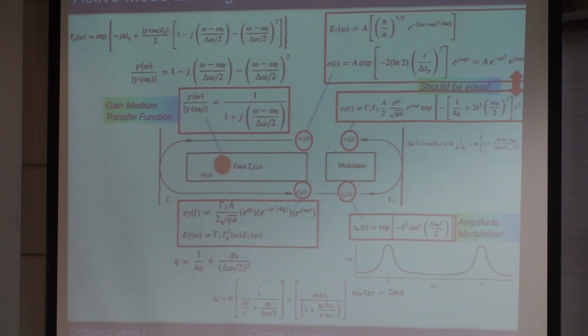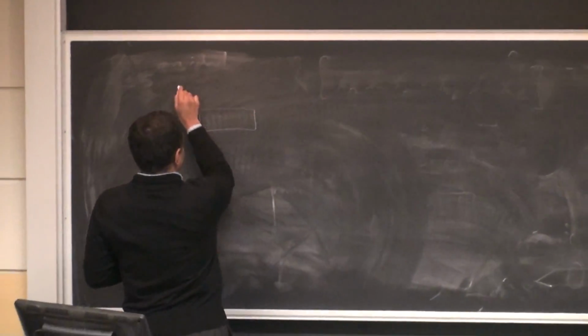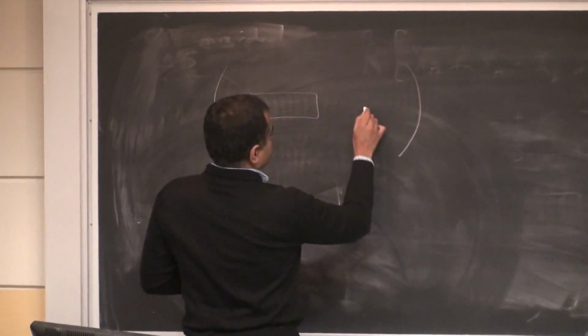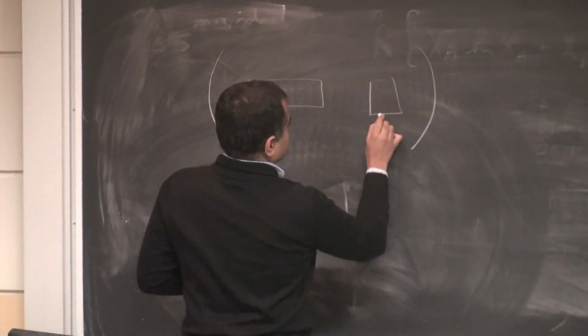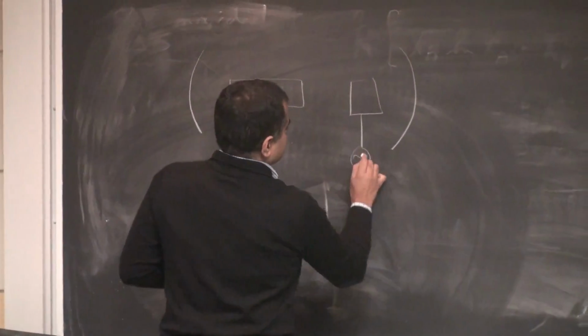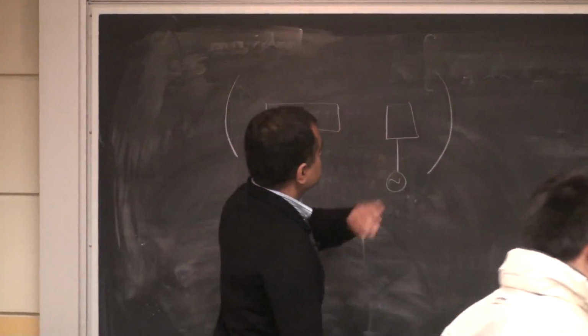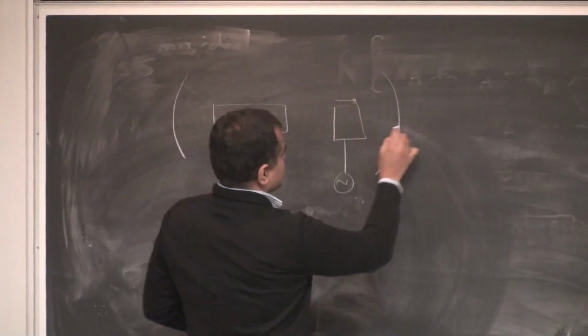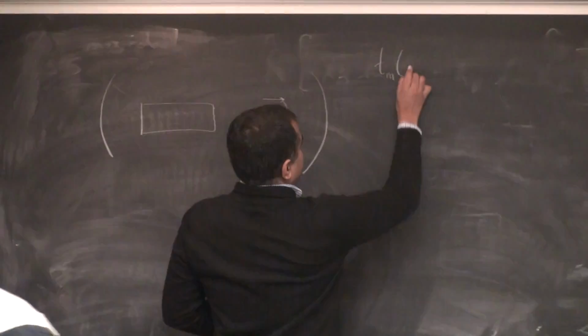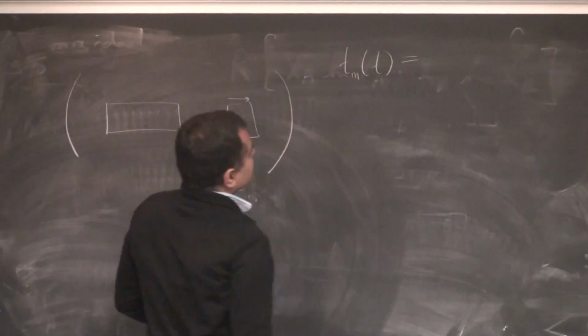not the mathematical details. The concept was that we start with a gain medium, and in its path inside the laser cavity I introduced another modulator, an optical modulator that lets through light with a transmission which is a function of time.